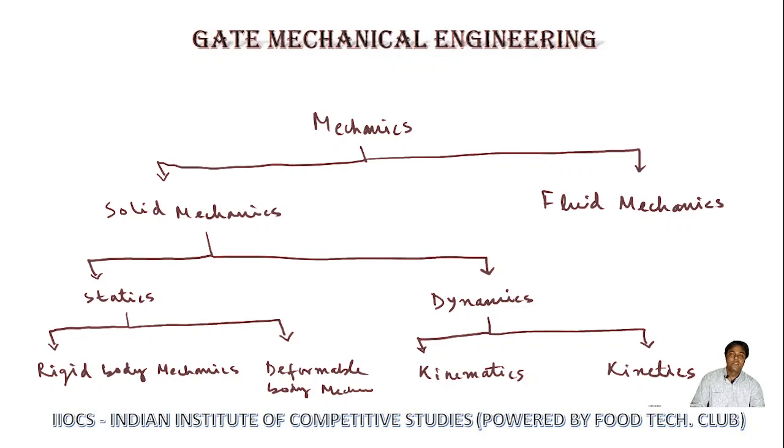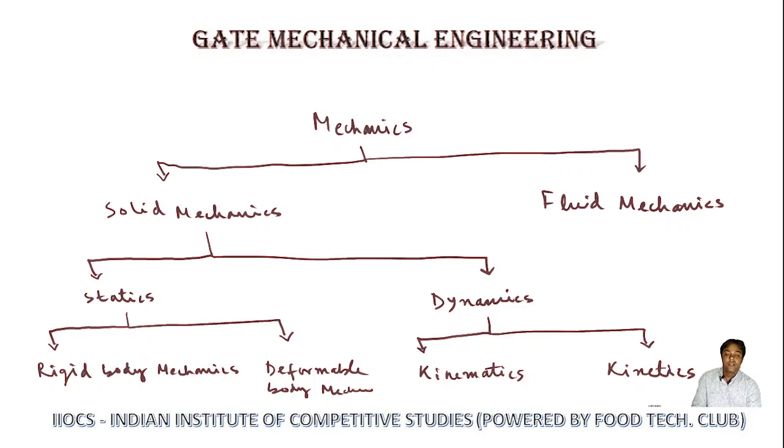So what is that actually? Rigid body mechanics is that part of statics where the body is a rigid body. Rigid means what? Rigid means a body which never changes its shape and size after application of force. If we apply some amount of force on a body, the body will not change its shape and size. That is rigid body mechanics.